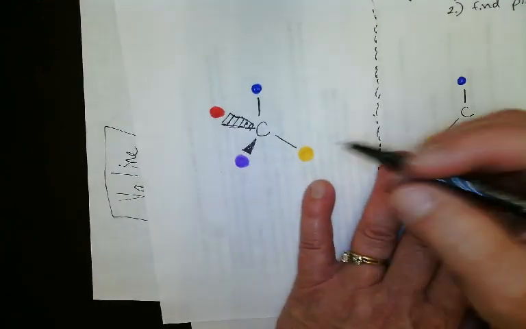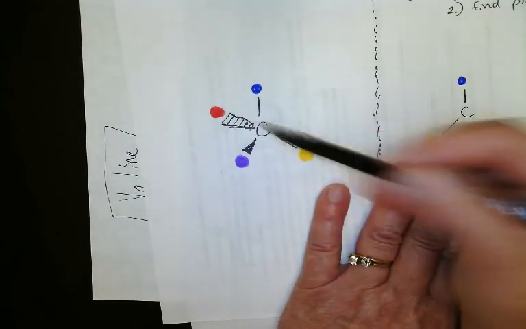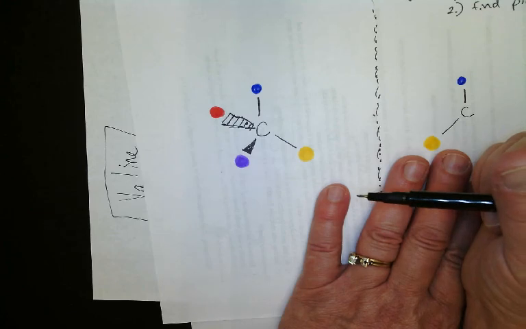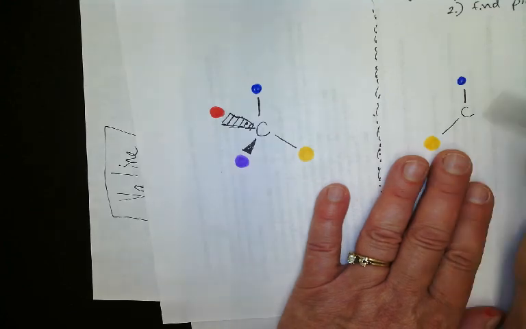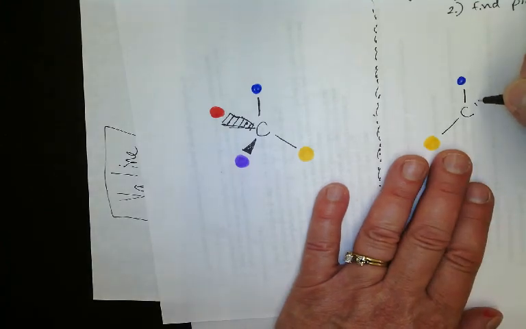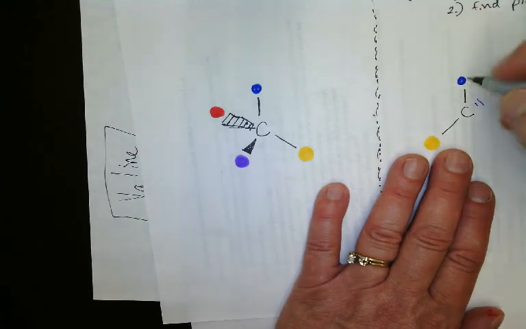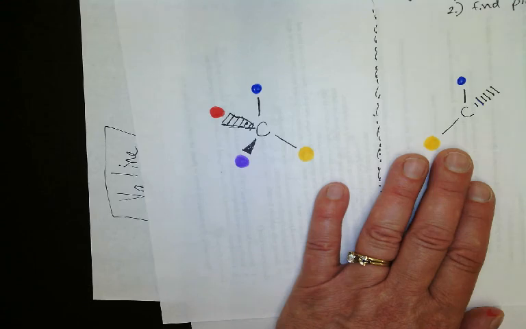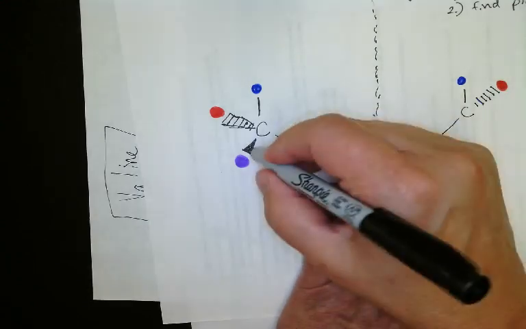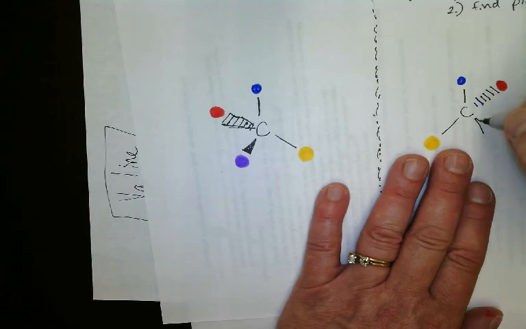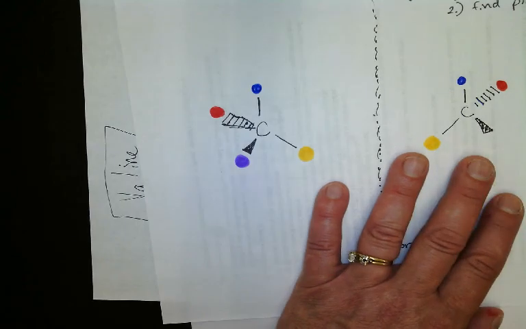Now, if I have a mirror image of this, where is this going to go? It's going to go back here, right? So that's going to be your red. And this right here is going to be down here. And that's going to be my purple.